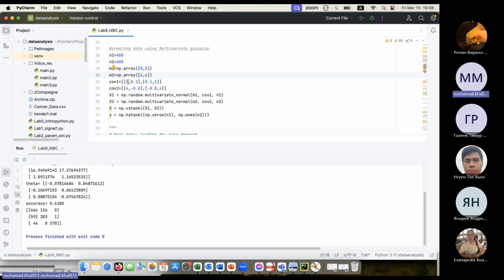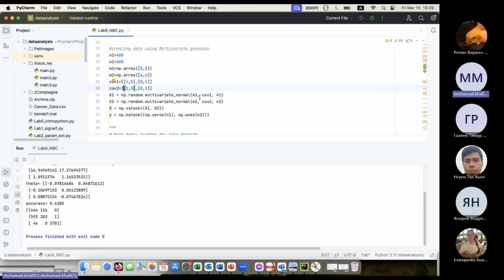For the covariances, I want to take firstly [[1, 0], [0, 1]] and [[1, 0], [0, 1]]. You remember this is the identity matrix I. The covariance one is 1.